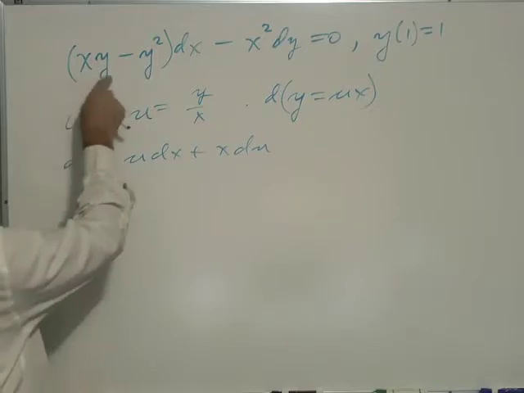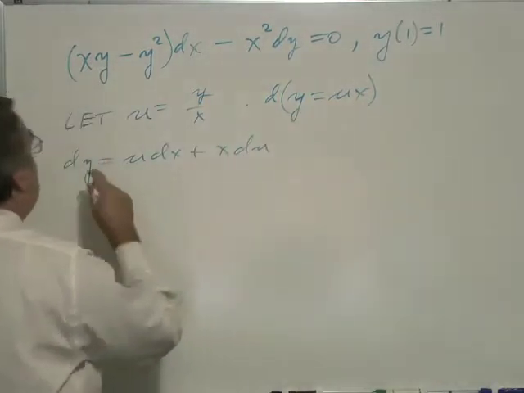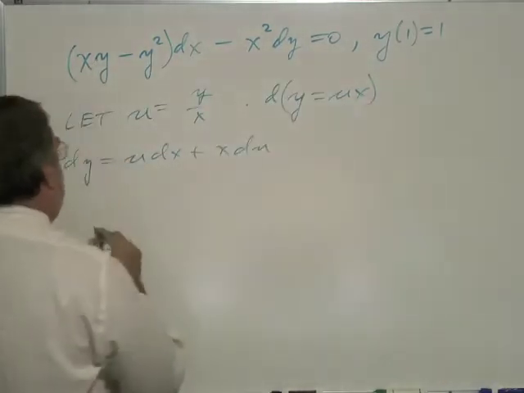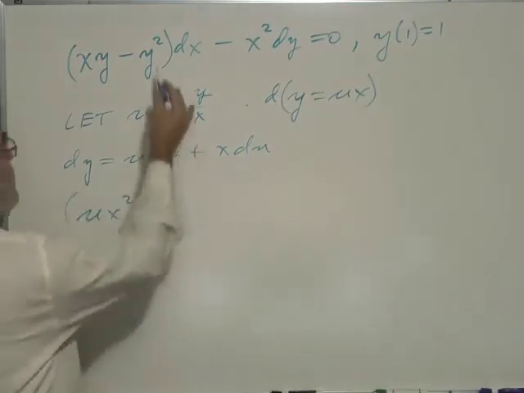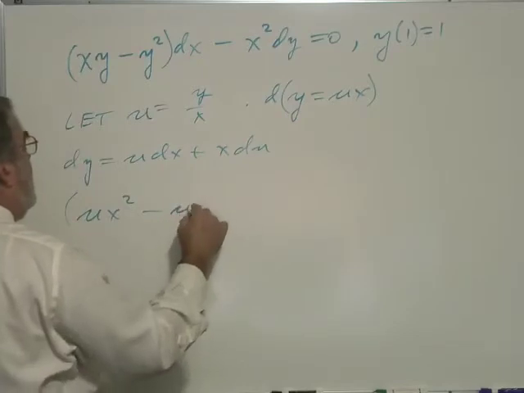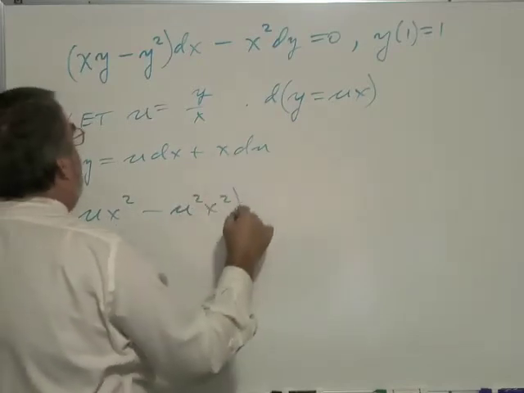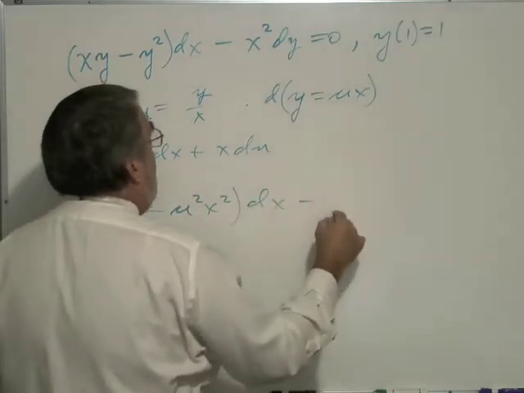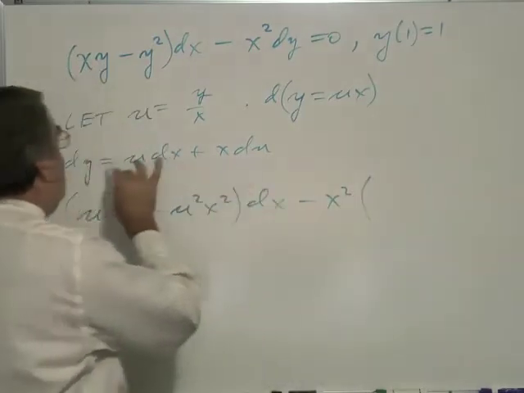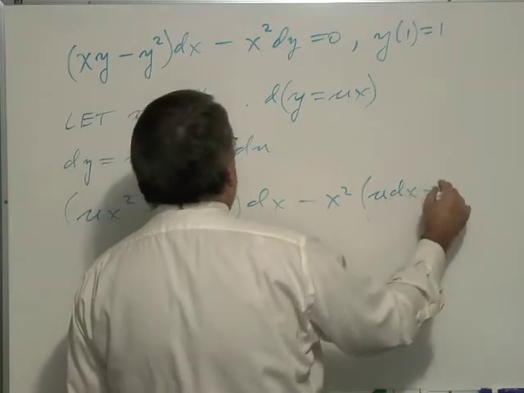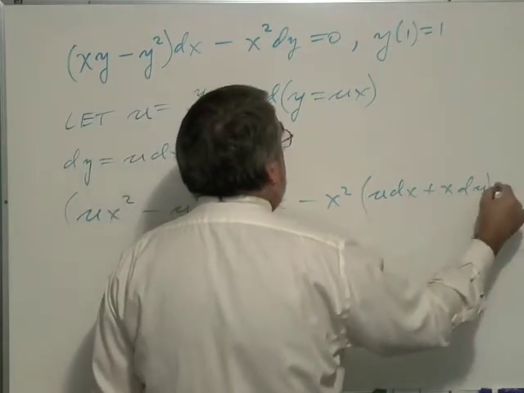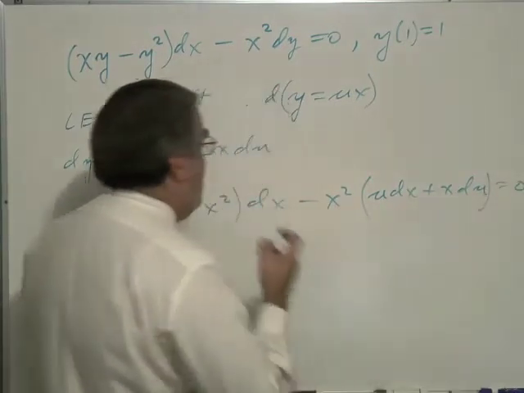We have x times y, and y is u times x, so it's x times ux squared, minus y squared, which is u squared x squared, then dx, minus x squared times dy, which is u dx plus x du. All that equals 0.